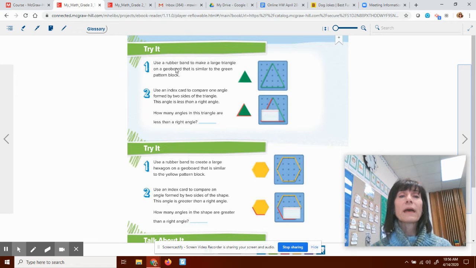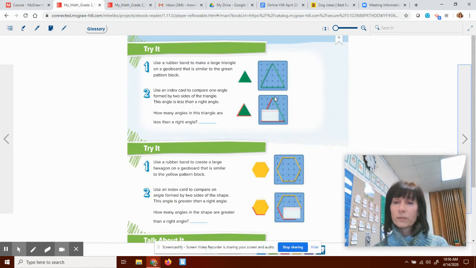Here the illustration is showing a rubber band to make a large triangle. Now in this case, if I took an index card and I was comparing my shapes, I know this is not a right angle, but it is an angle that is less than a right angle.